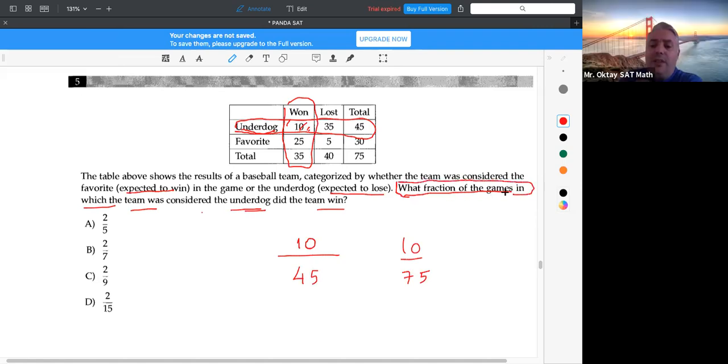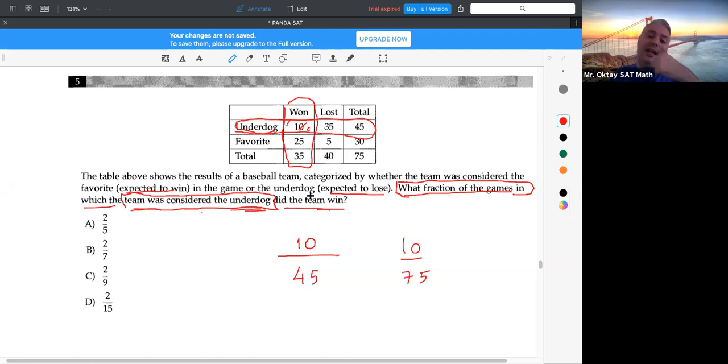What fraction of the games in which the team was considered underdog? So we are looking at this. The team was considered underdog. Did the team win? I mean, we are looking at the team which is expected to lose. We are looking here from this.